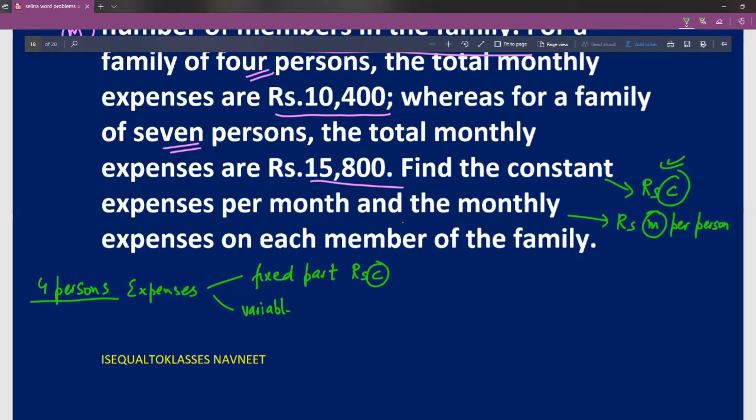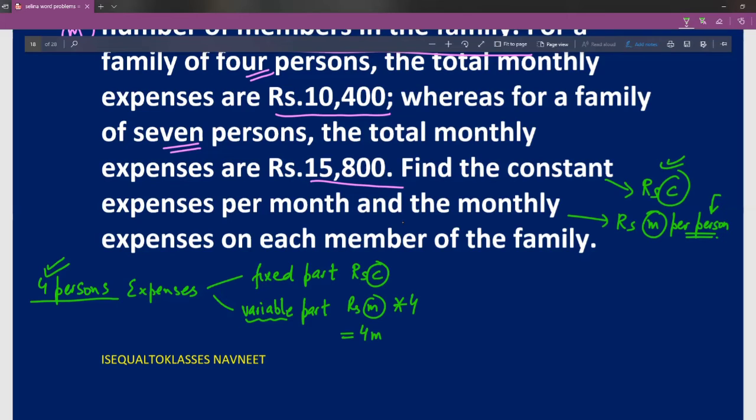The variable part depends upon the number of persons. So for example, in this case, if the number of persons are 4 and we assume that this variable part is rupees M per person, so in a family of 4 persons, the total variable part would be rupees M into 4 is equal to 4M. I hope you understand.